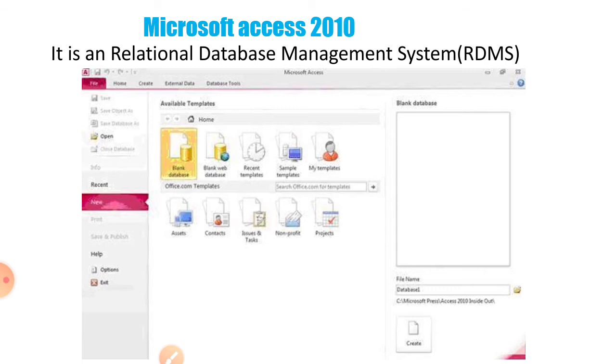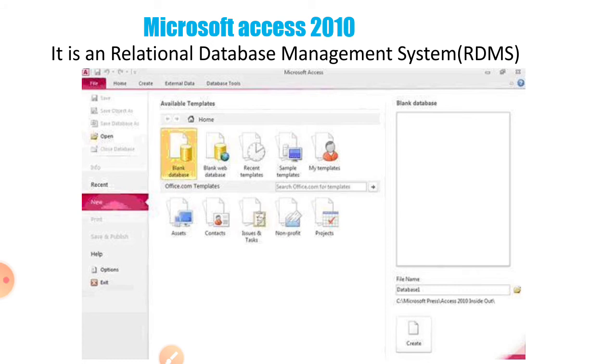This means that this management system stores data in tables that are linked together by some common fields. So if we have two tables in our database, we call it a relational database management system if there is a common field in both of the tables. So MS Access allows individuals and small business organizations to manage large amounts of data and information.